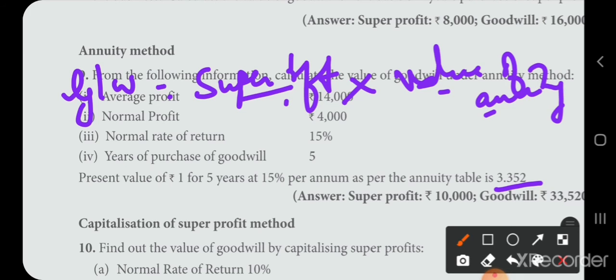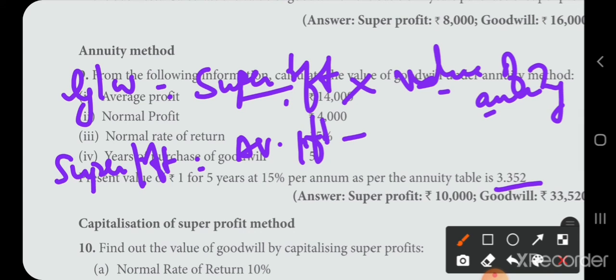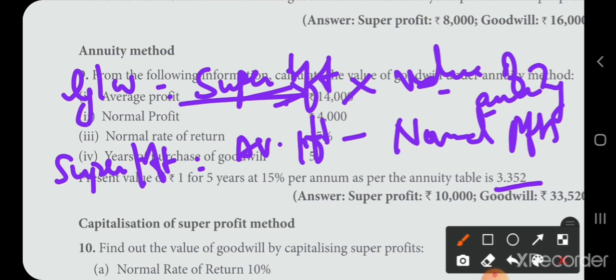Now, what is the formula for calculating super profit? Super profit is equal to average profit minus normal profit. Now, average profit is directly given in the problem as 14,000 here. And normal profit is also straight away given in the problem as 4,000. So, straight away you can calculate 14,000 minus 4,000. So, super profit is equal to 10,000.